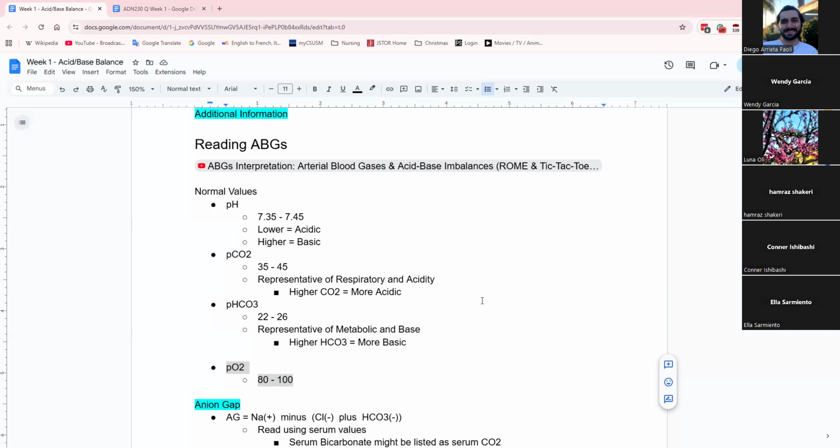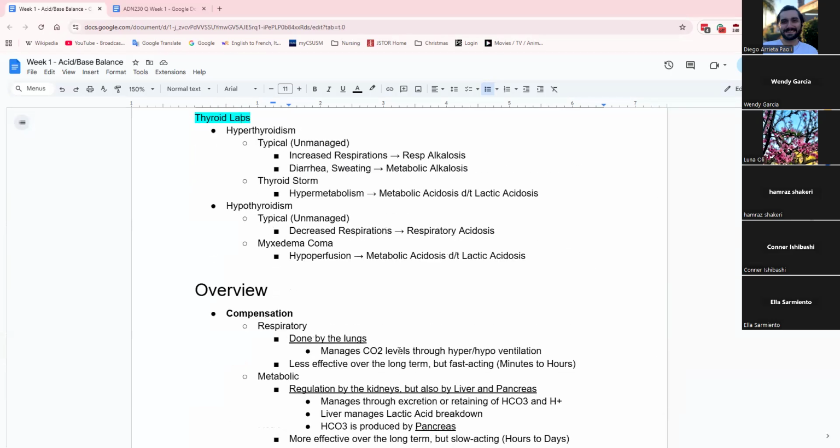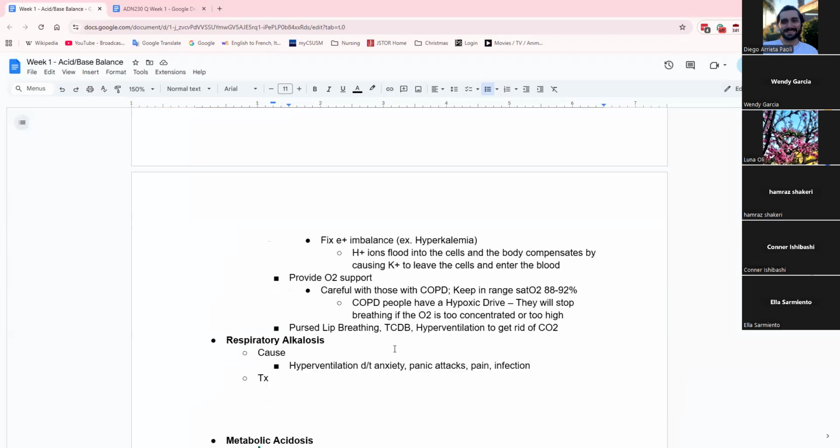You don't want to do it for a long period of time, but the idea is that you want to get some of that CO2 back to get the pH value back into where it's supposed to be. So in this case, breathing into the bag for an anxiety attack is indicated as long as they're not hypoxic.